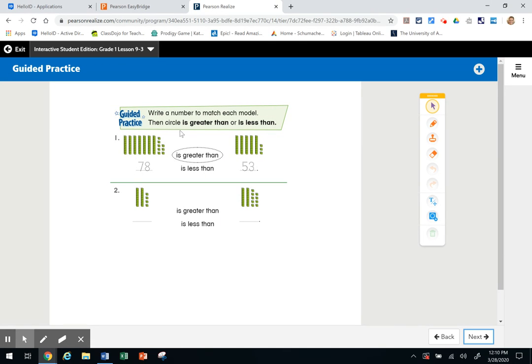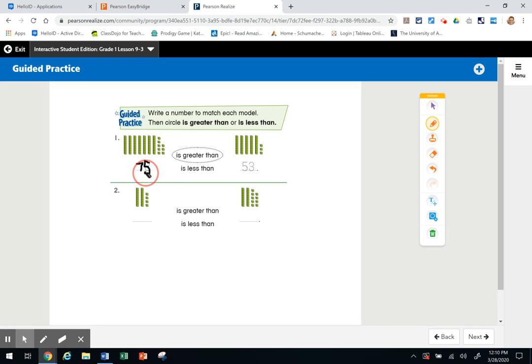Okay, so they already did the first one with you, but let's go ahead and look at it anyways. We have 78. Okay, so there's 7 tens, 1, 2, 3, 4, 5, 6, 7 groups of 10. Let me get my pencil. 7 tens, and then you have to count the ones. 1, 2, 3, 4, 5, 6, 7, 8. 8 ones.